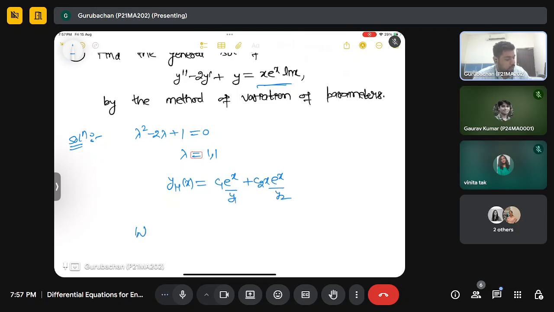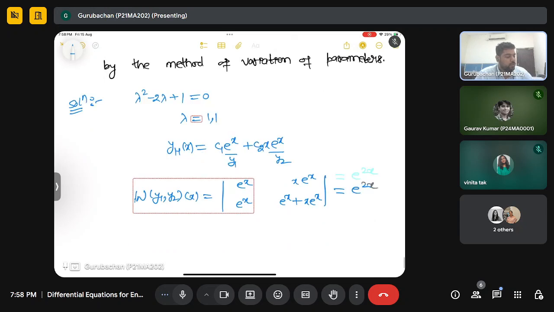What will be its Wronskian of y1, y2? The Wronskian will be e to the power x, its differentiation, x e to the power x, and its differentiation is this. So this will give you e to the power 2x.